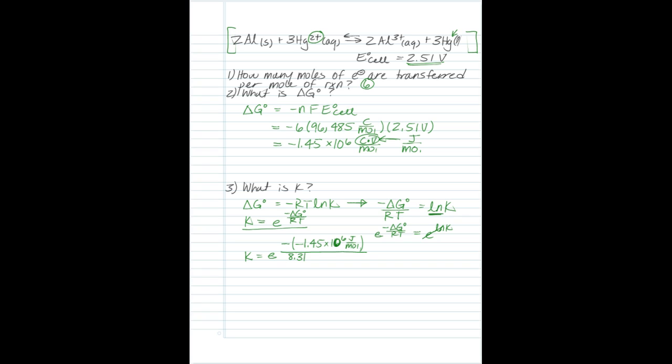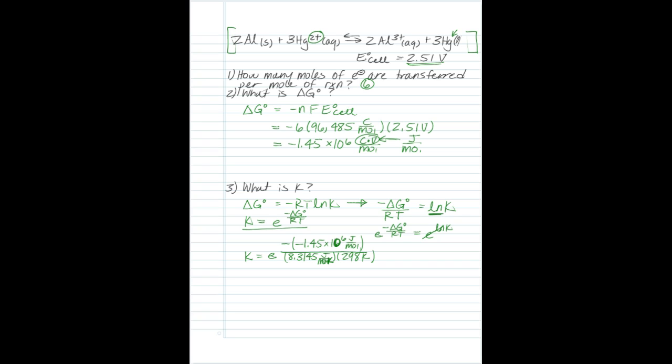And that's 8.3145 joules per mole Kelvin. And then times our temperature, which is always in units of K, because K is in our ideal gas constant, and so that's 298 K. If we're using standard cell potentials, we're at 298 K.